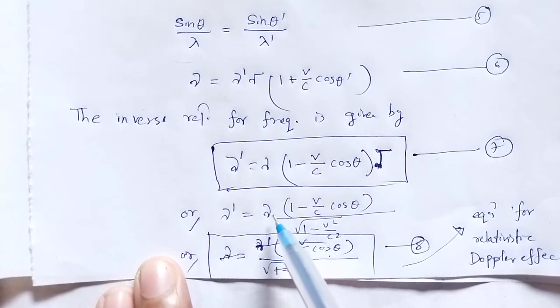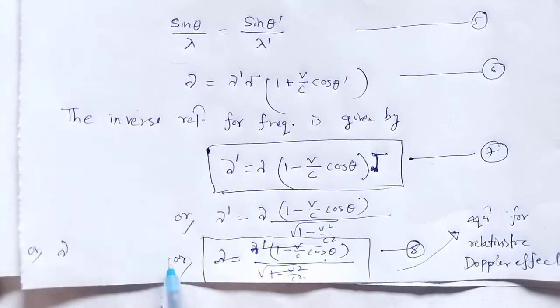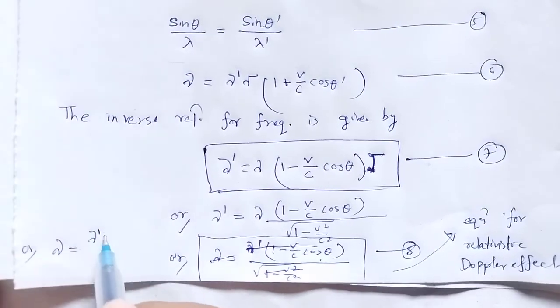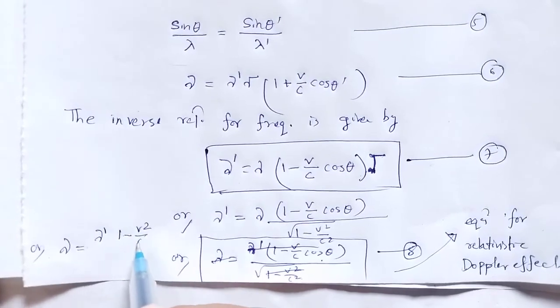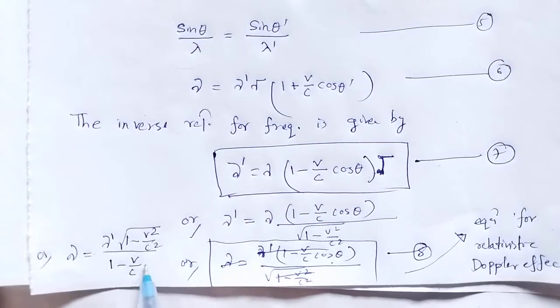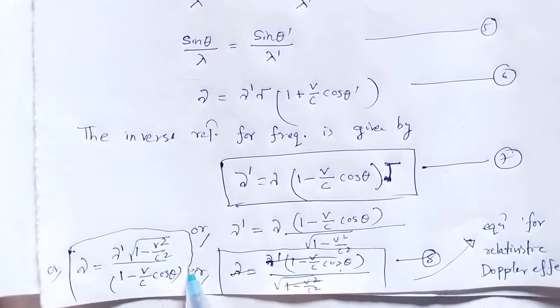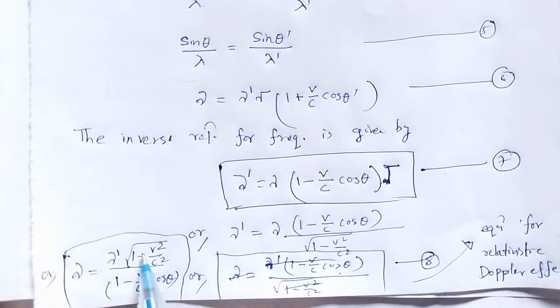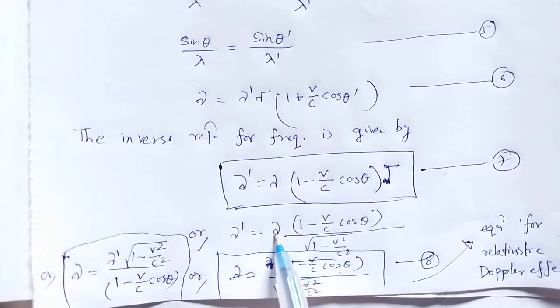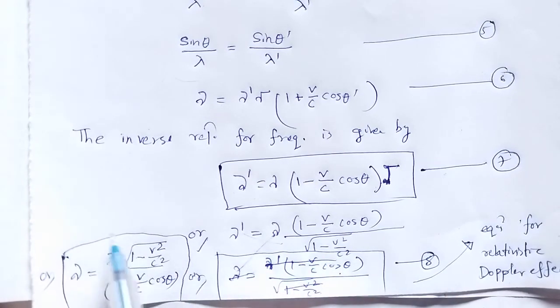When we take nu, it is nu dash square root of 1 minus v square by c square divided by 1 minus v by c cos theta. That equation: nu is equal to nu dash square root of 1 minus v square by c square divided by 1 minus v by c cos theta. This is known as the equation for the relativistic Doppler effect.